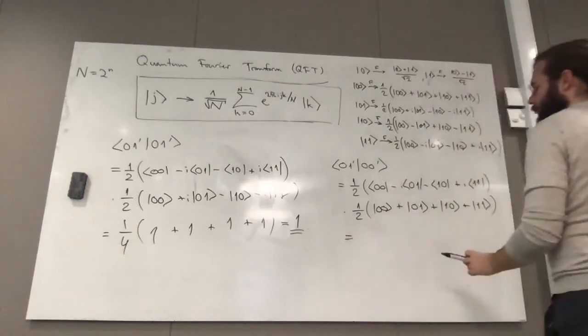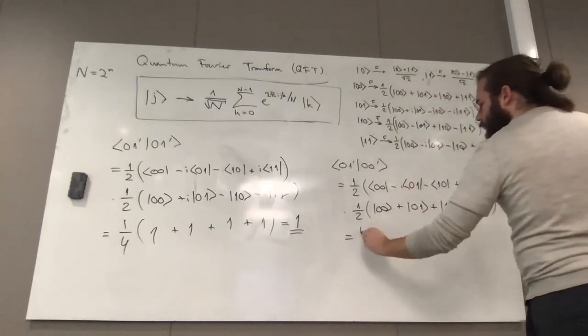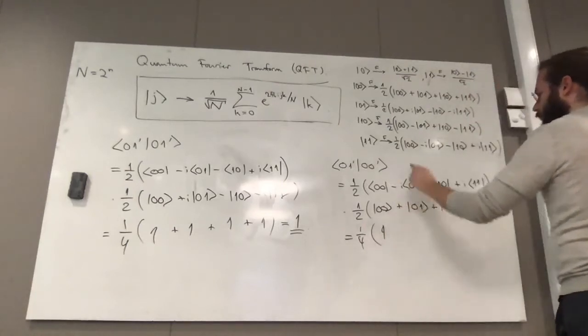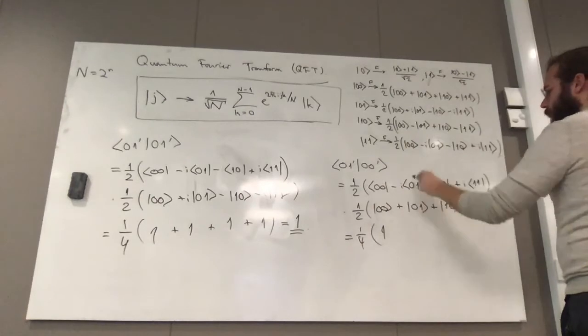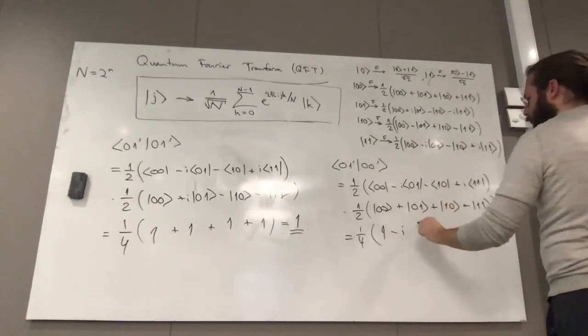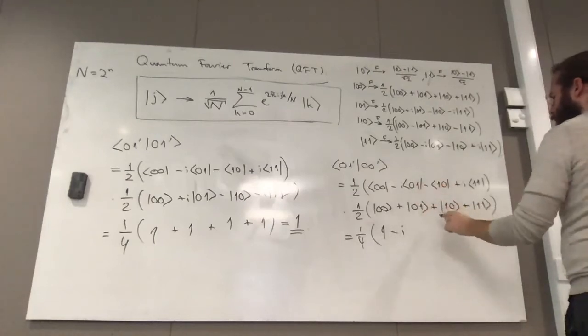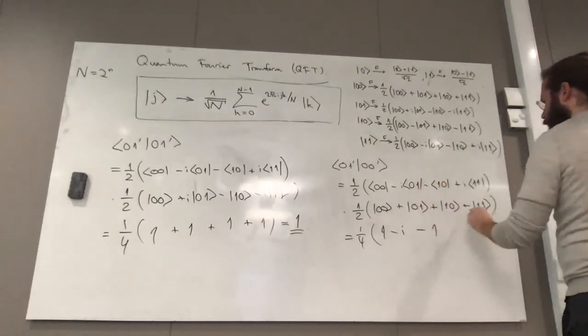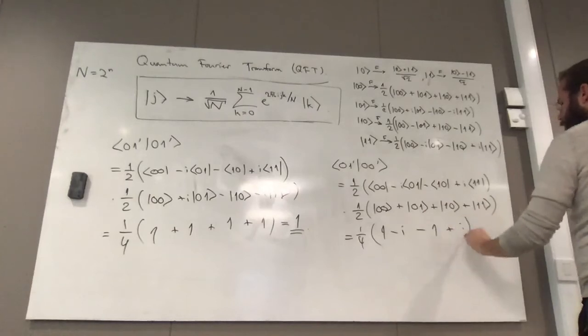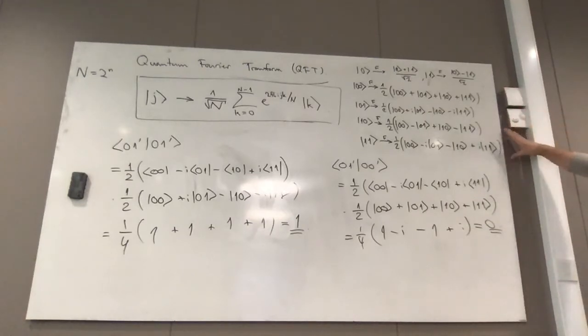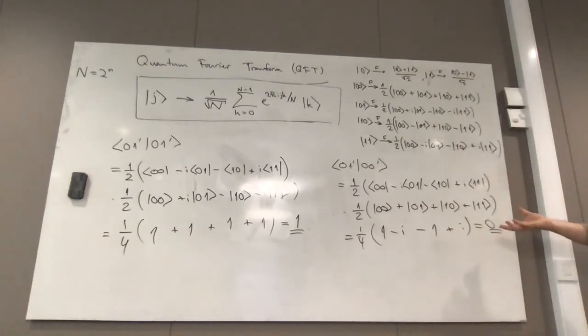Anyway, doing the check can still be useful, just to see that we've done everything right. So this becomes 1 minus i. Yeah, this becomes 1 again, so that's fine. Minus 1 and then plus i. So this is equal to 0. So yes, since it's a unitary transformation of basis states, the entire point is that what you get is another set of basis states, right?